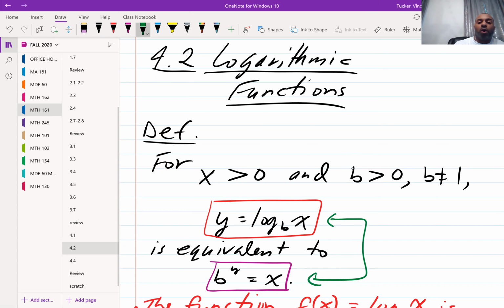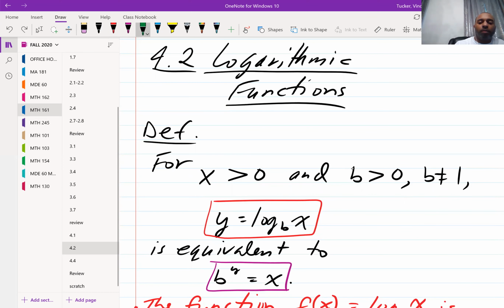So notice b is always going to be your base. Either it's the base of your log or it's the base of your exponent. And the way I look at it is that what is next to b during my log relationship is not next to b during my exponential relationship.